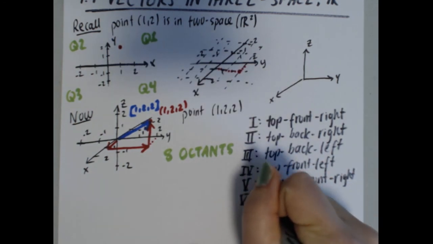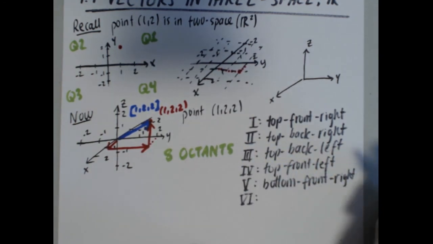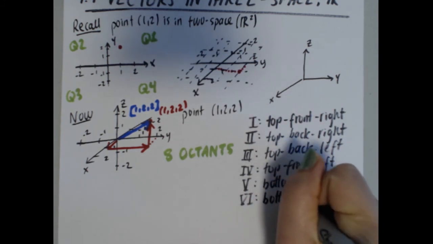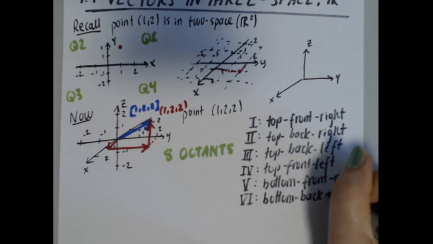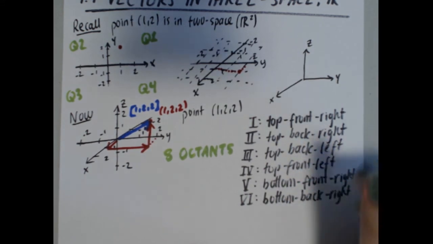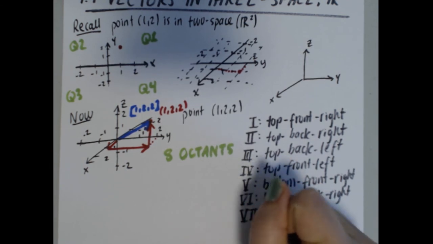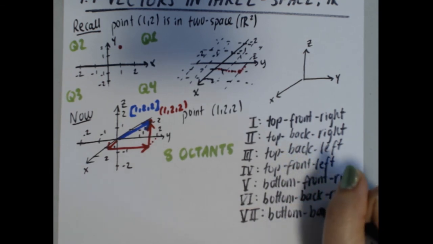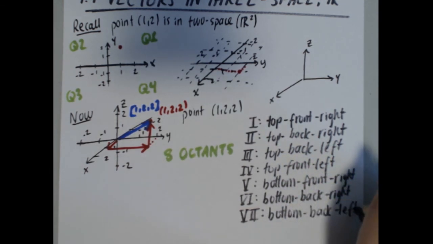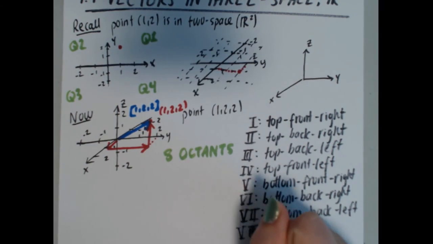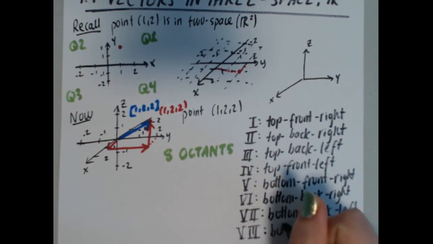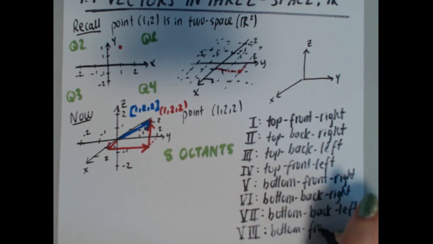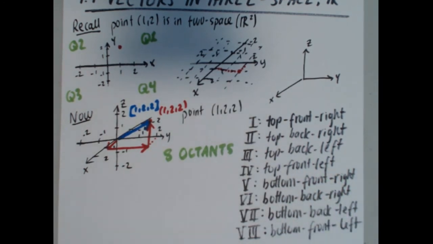Octant 6. If anything, you're learning your Roman numerals now. 6 is bottom, back, right. Seven is bottom, back, left. And finally, octant 8 is bottom, front, left.